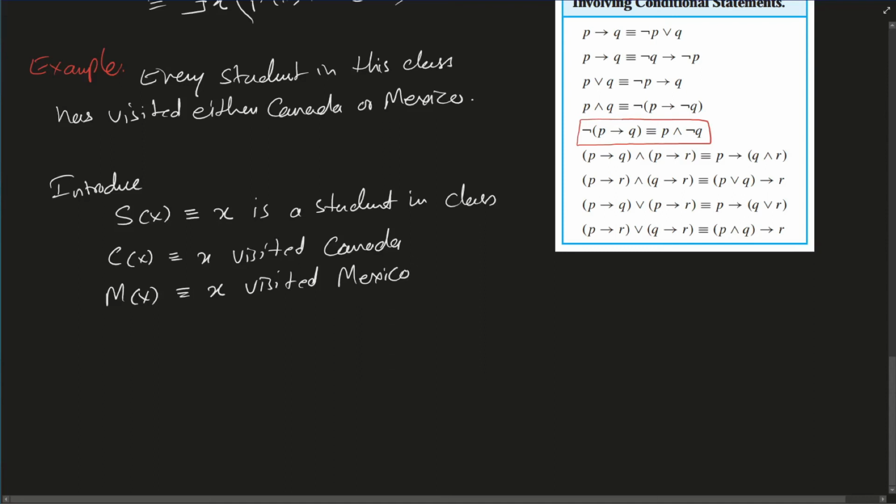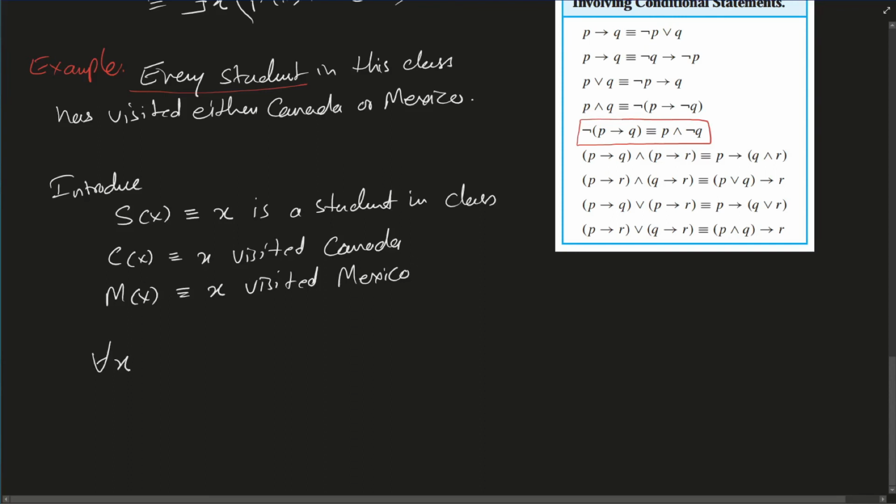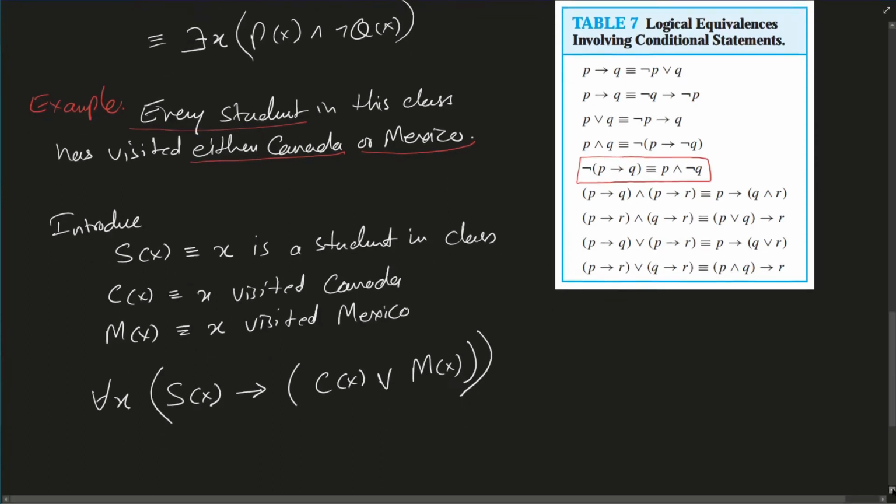Now, when we write this in mathematics, every student translates into: for every x, if x is a student, this implies that the student has gone to Canada or Mexico. So we can say C of x, gone to Canada, or M of x, gone to Mexico. And that's the answer.